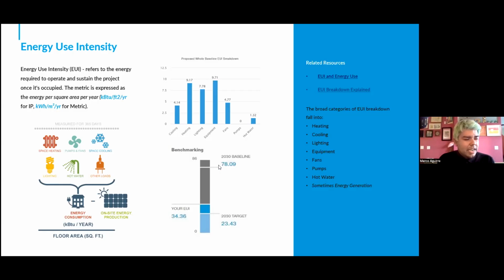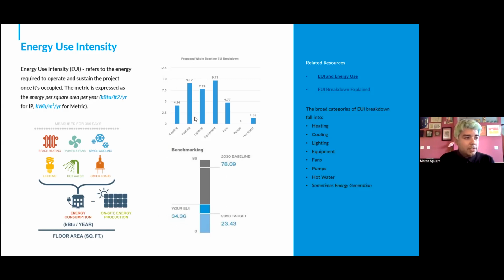That gives us an idea of the national average for a building of your size, your typology, your location. If you're reporting to the 2030 DDx, this is also a number you'll see. And then right now, the target for where most buildings in the US should be in order to hit decarbonization and carbon emission goals is an 80% reduction of that number, which is that 2030 target. And then based on all of your current strategies, where your EUI is. So you know where everyone else is, where you should be, where you are.